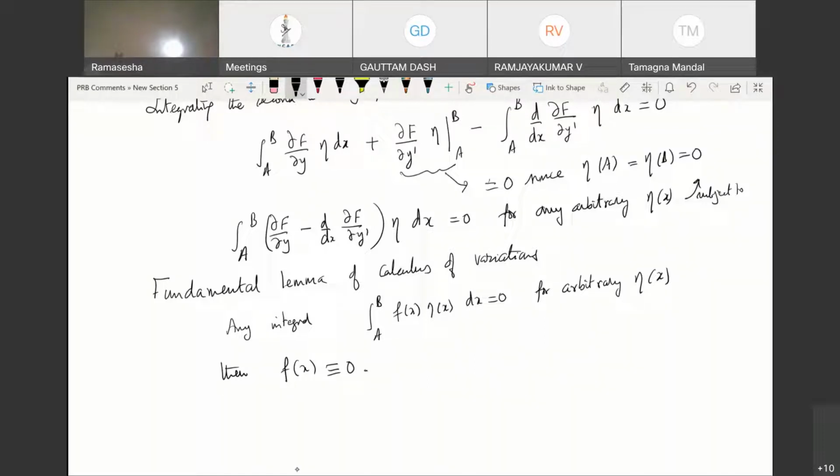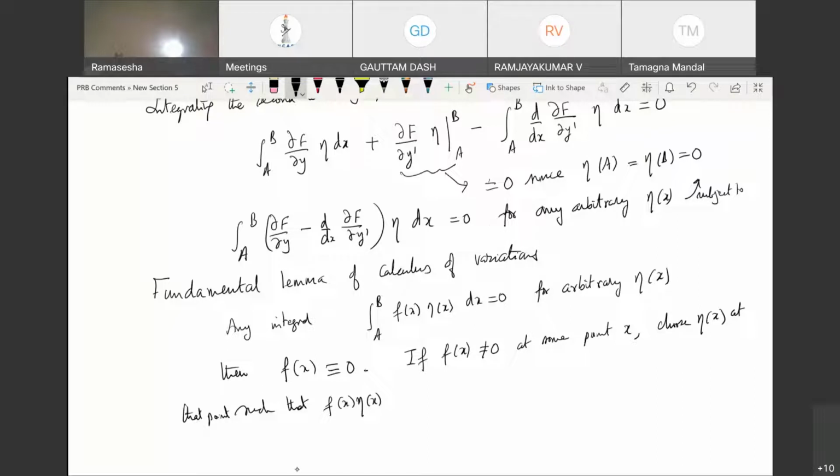So if f(x) is not equal to 0 at some point x, choose eta(x) at that point such that f(x) eta(x) is greater than 0.